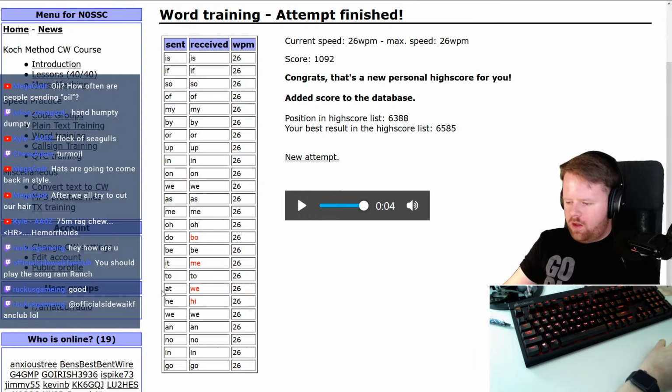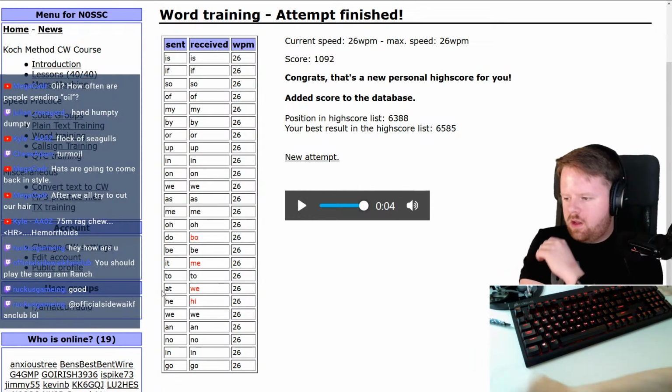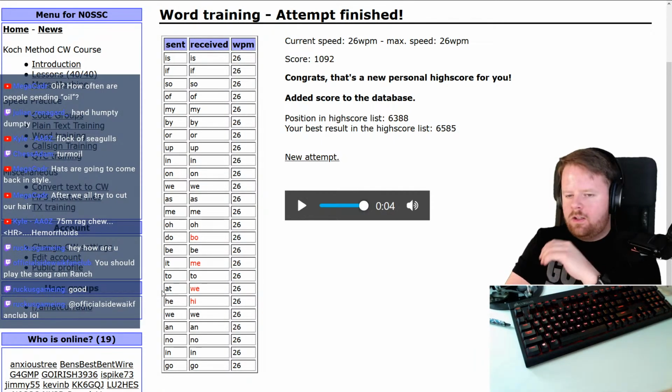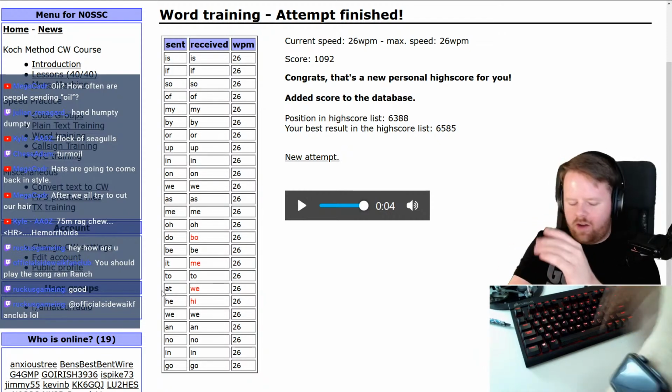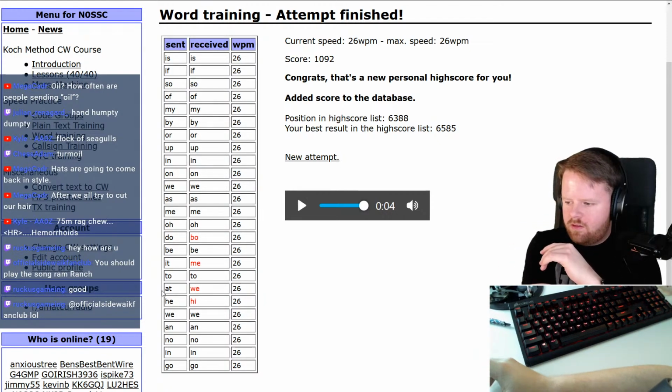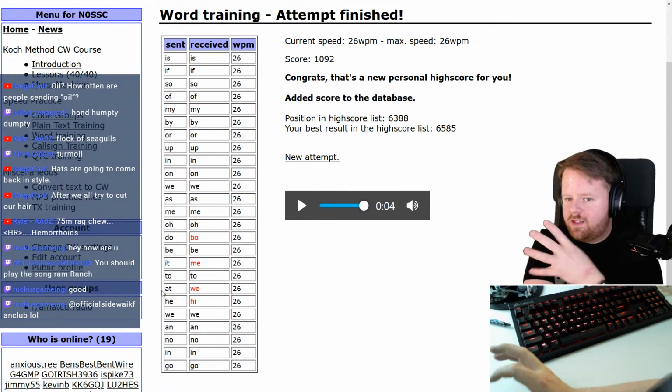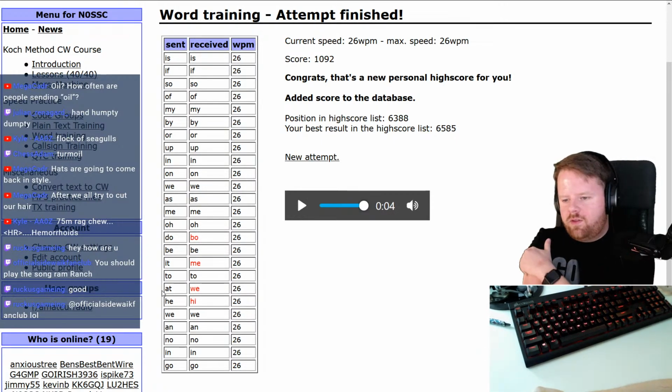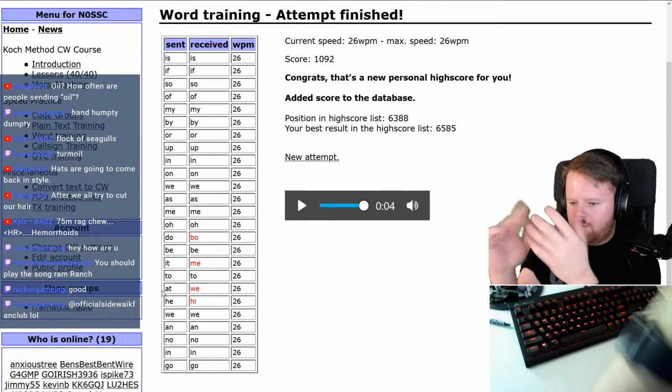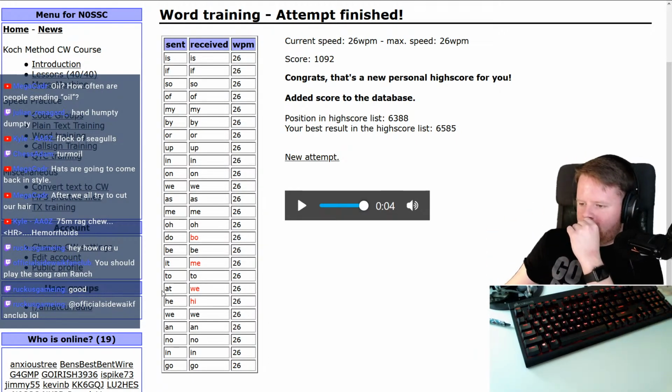It's because we is, and then at is. They don't sound very similar, but they are close enough that if you're not paying attention, it can screw you up.